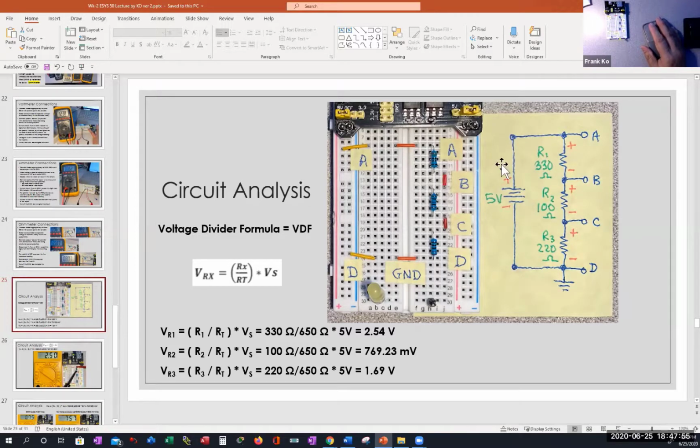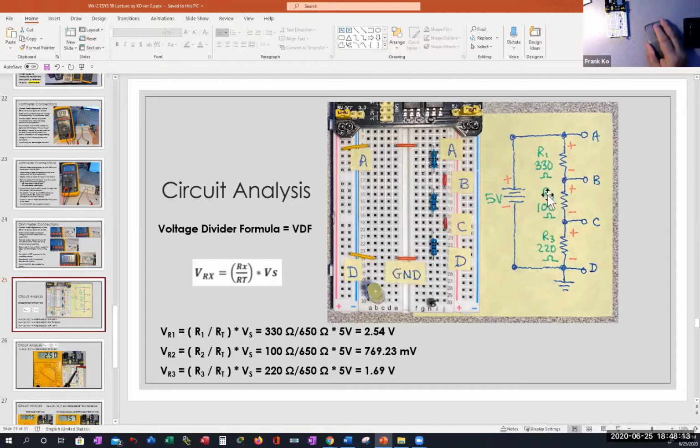So if the top of the source is positive and the top of R1 is connected to the top of the source, it must also be positive, which means the bottom of R1 has to be negative because the polarity is going to be opposite on the other side of R1.